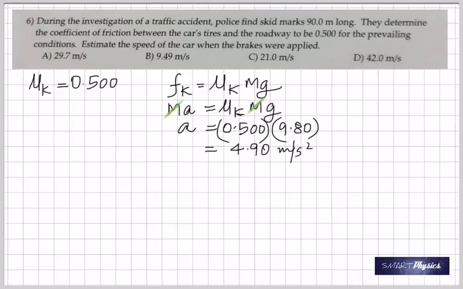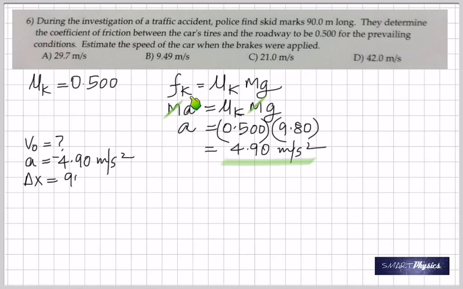meter per second squared. Once you have the acceleration, we can use the kinematics equation to find the initial velocity. I'm taking it as negative because we know that it's a deceleration. And the reason is because friction is an opposing force. The speed decreased, it's a deceleration. That's why I've taken it as negative.